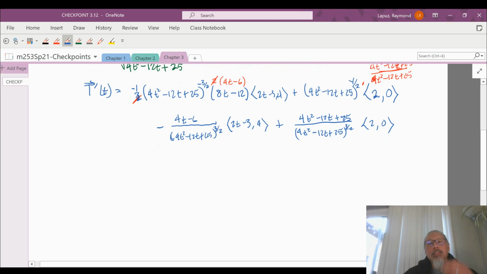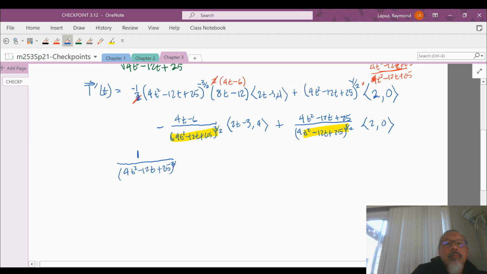Okay, now let's just focus. What I'm going to try to do here is identify that my denominator is the same, and I can take that out. So let me factor that out, as in 1 divided by 4t squared minus 12t plus 25 to the 3/2 power.